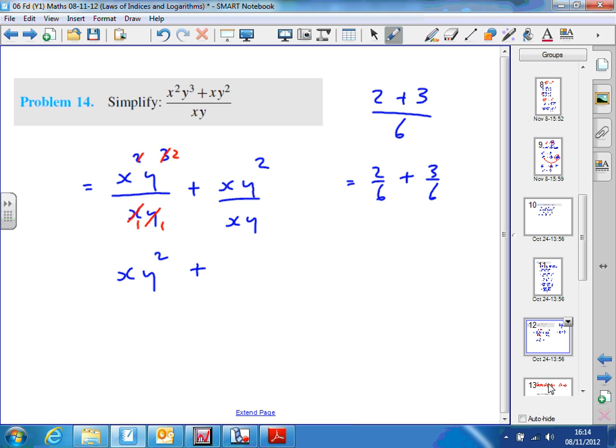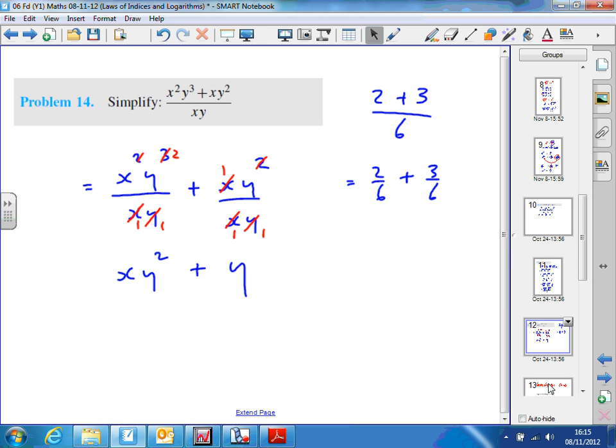What will that become? Right, because x is cancelled to leave 1's. Y goes into y squared once, leaving y. So y, yeah. Don't forget when you're cancelling down to replace with 1's, by the way, not 0's, otherwise you get all sorts of funny things happening. So all that simplifies down to xy squared plus y.